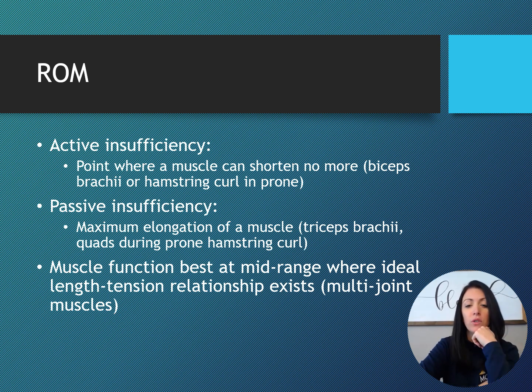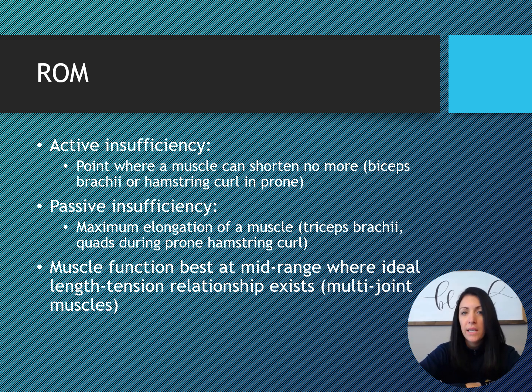Same thing with the hamstring curl in prone, especially if you did prone hip extension and knee flexion in a combination of movement, that is going to put that hamstring actively insufficient. So you're just trying to get that muscle as shortened as possible over those two joints.